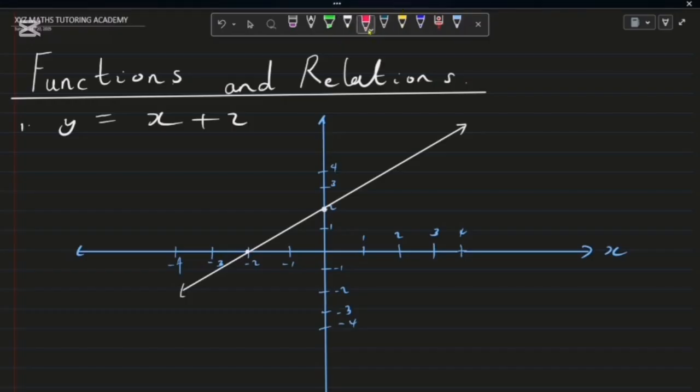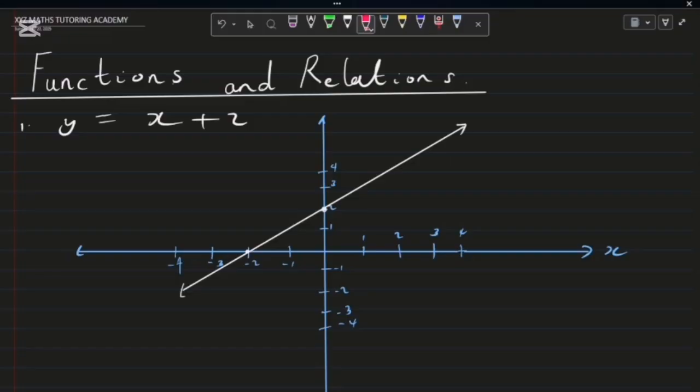So let's look at this one. We can see that we have a straight line, y is equal to x plus 2. The slope is positive, or it's a positive gradient. We have y equal to 2 as our y-intercept.